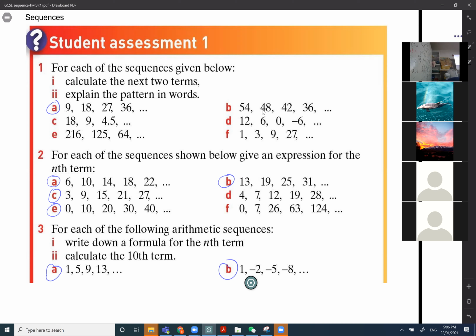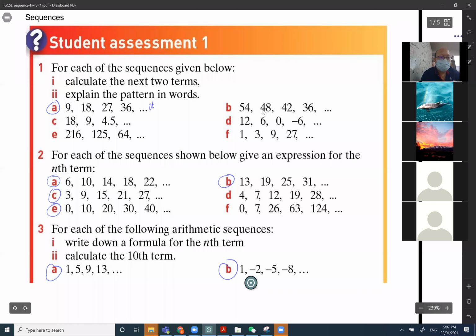Always in the exam. Rather than asking for the next two terms, which is too easy, we prefer the formula.